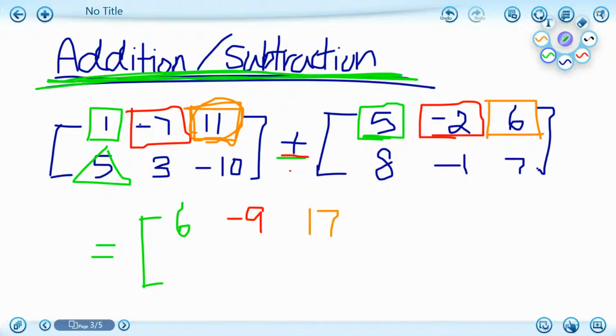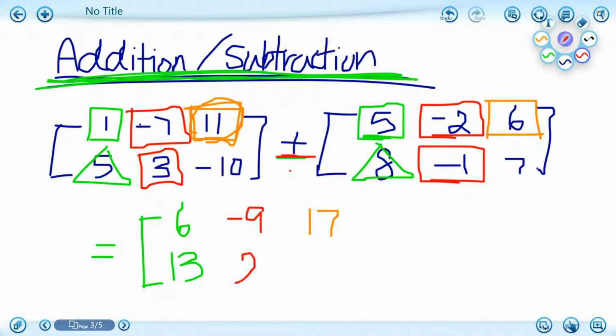We're going to move into the second one. First one on the bottom row, added together, so we're going to get 13. 3 plus -1, so we're going to get 2. Now -10 plus 7, we're going to get -3. And that would be our final answer right there, the one that we just found.